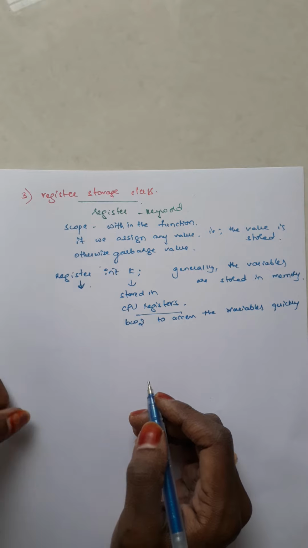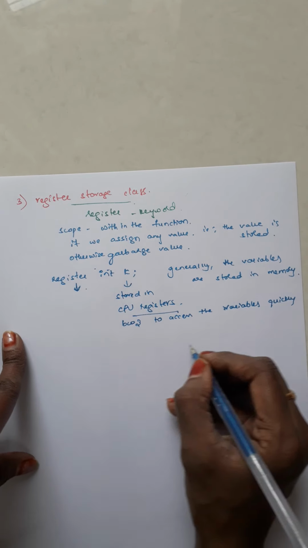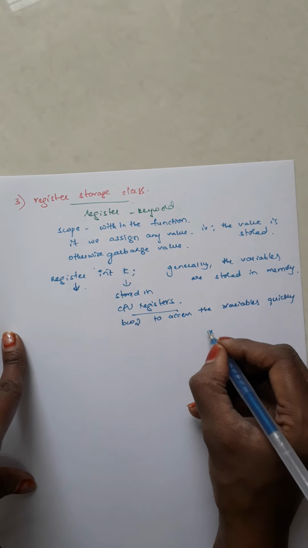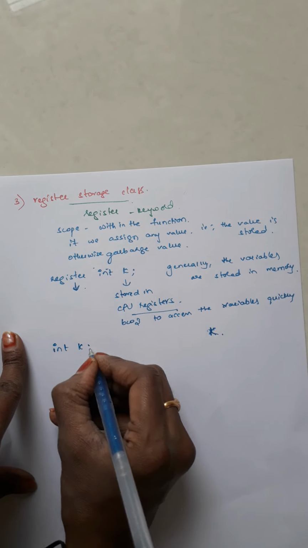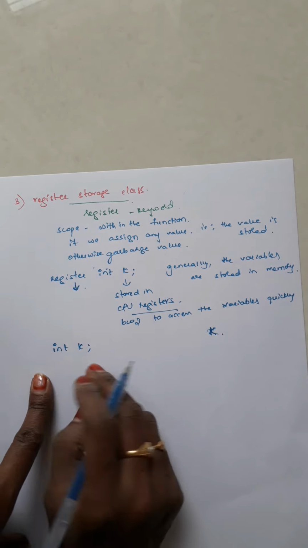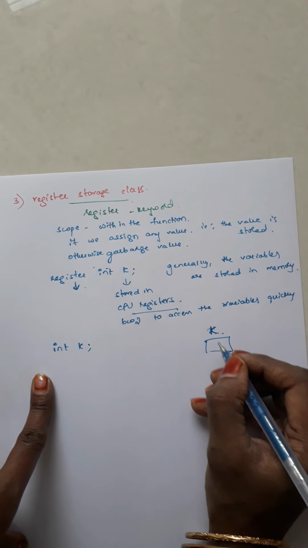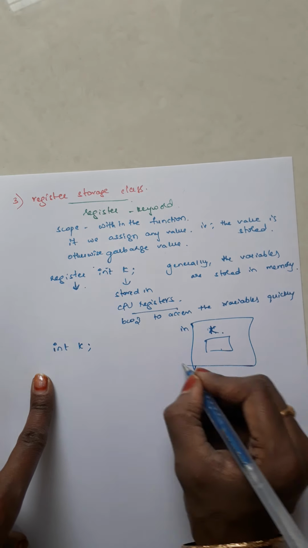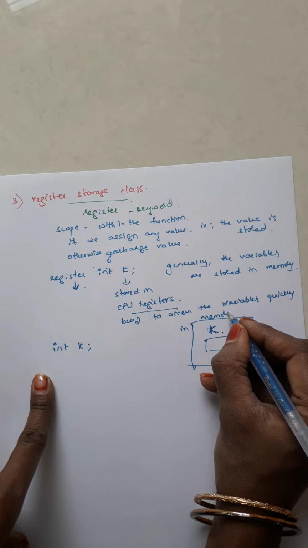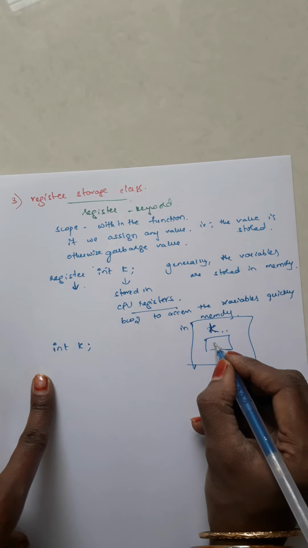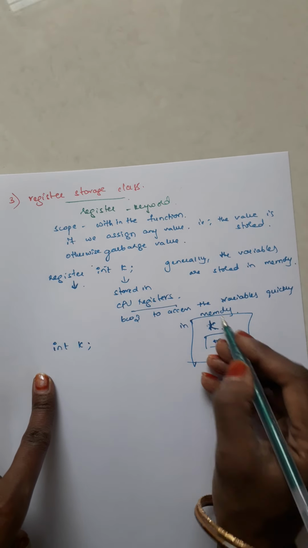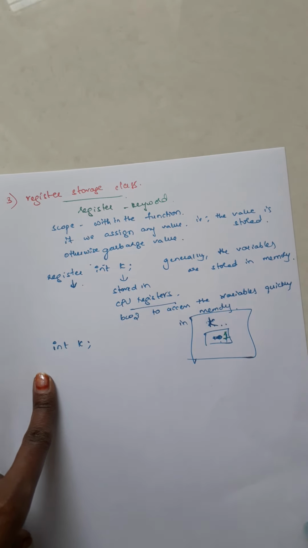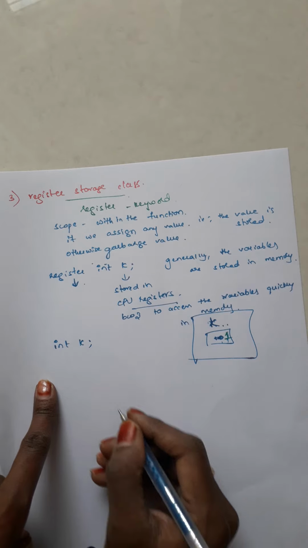Why? For example, if we define an int k, where is k allocated? In memory, at a particular address location. Now let us assume the value of k equals 1.